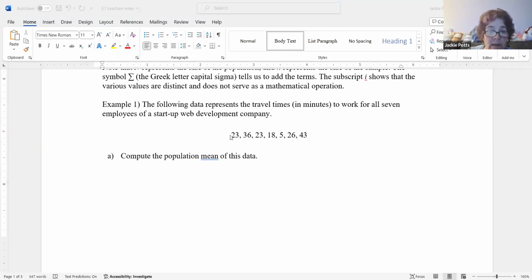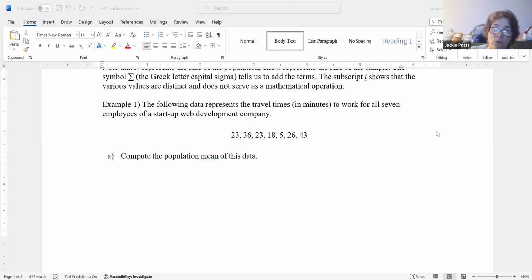Now, how many pieces are there? There's 1, 2, 3, 4, 5, 6, 7. So I'm going to divide 174 by 7. And I get 24.8571428571428. You've got a repeater.